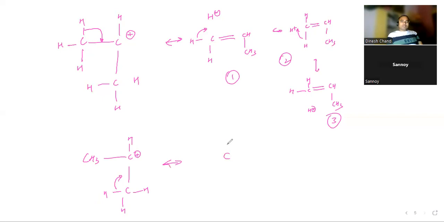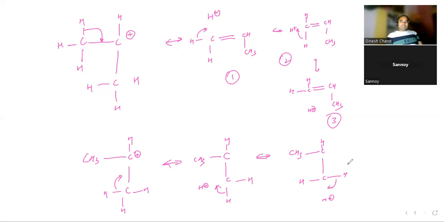So first structure you see. This is CH3, C. Here is H plus. Here is hydrogen. Here is hydrogen. One structure. Now this will shift here. CH3, C. Here is H. Here is C. This is the H. Here is the H. This is the positive charge.